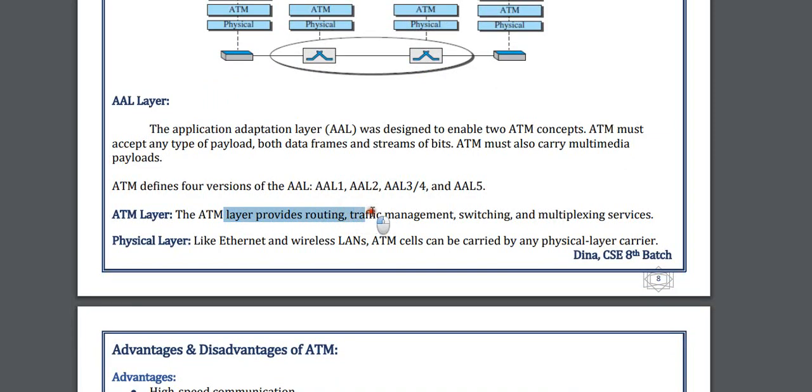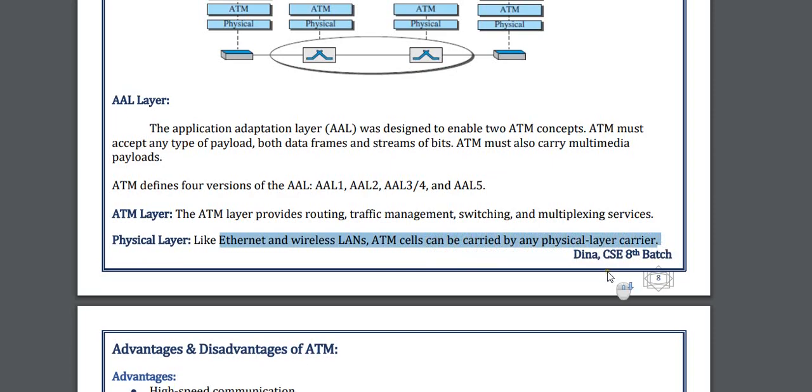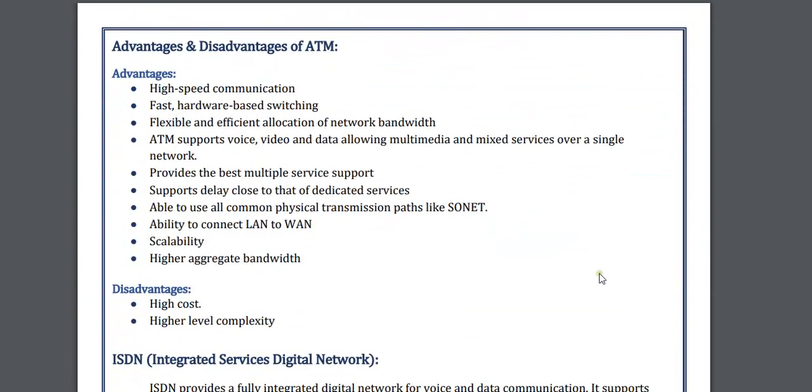The ATM layer provides routing, traffic management, switching and multiplexing services. In the physical layer, Ethernet and wireless LAN or ATM cells can be carried by the physical layer carriers. The advantages and disadvantages are given here.